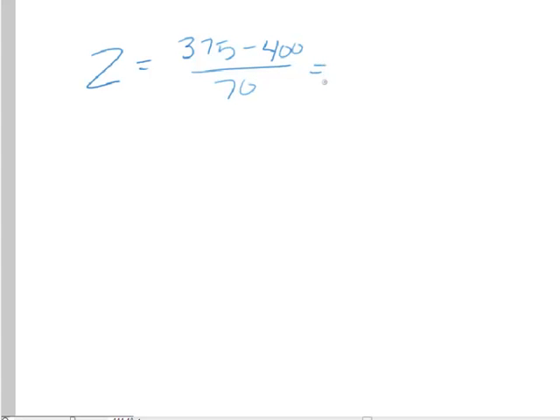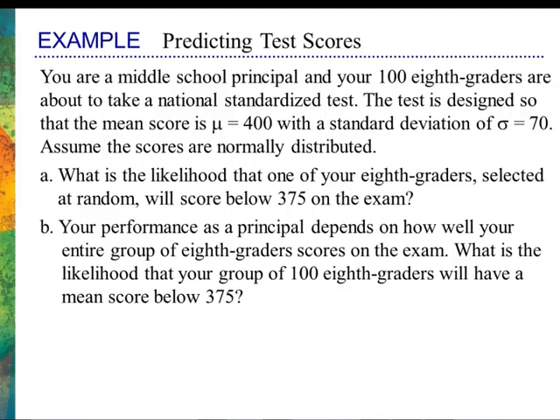And this comes out to be negative 25 over 70, which is equal to negative 0.36. Now we have to look up negative 0.36 on our chart.